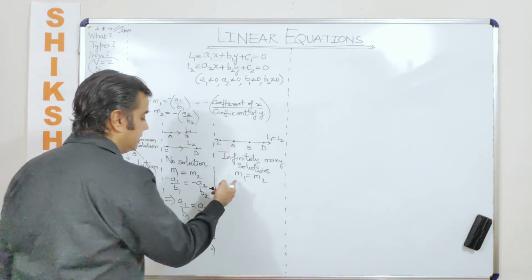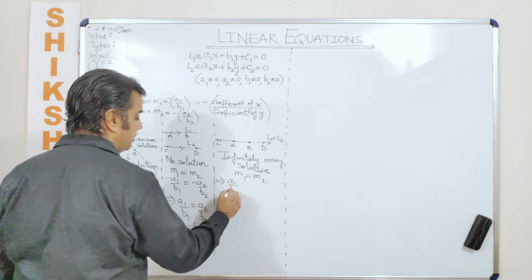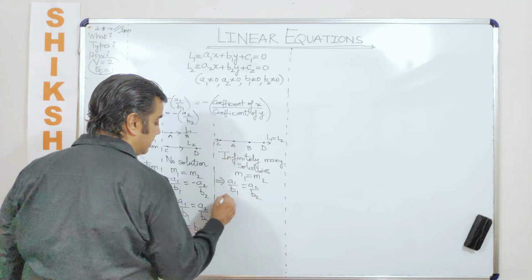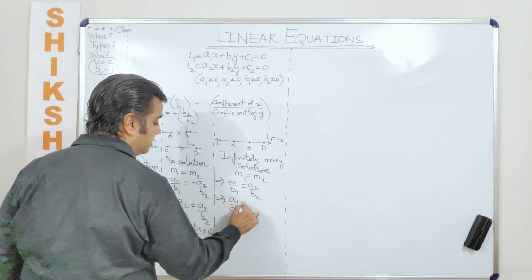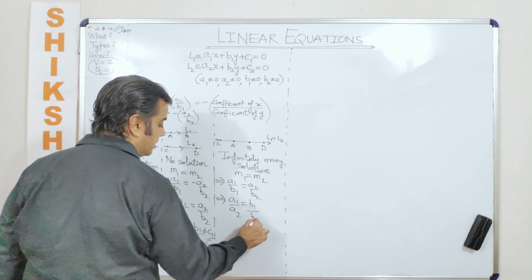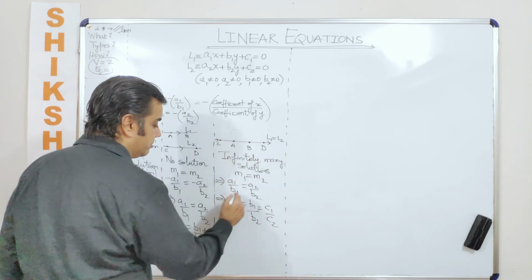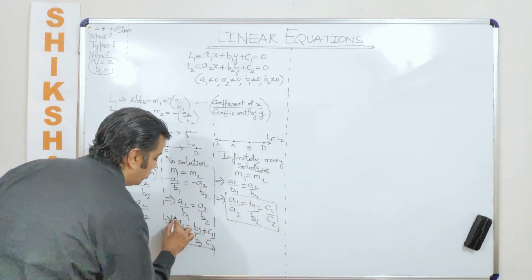So learning a lesson here, we can directly come down to the results. We can say that a1 upon b1 will be equal to a2 upon b2, and coming down to the final result is just like saying a1 upon a2 is equal to b1 upon b2 and is equal to c1 upon c2. Why? Because the line is nothing but the same. Now these conditions are very, very important for you to find out.